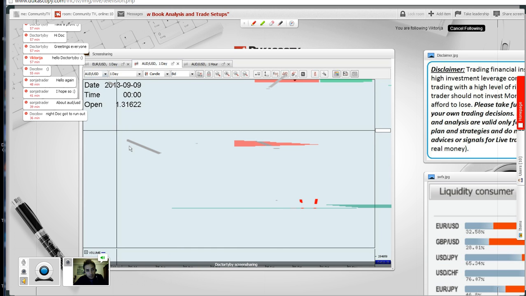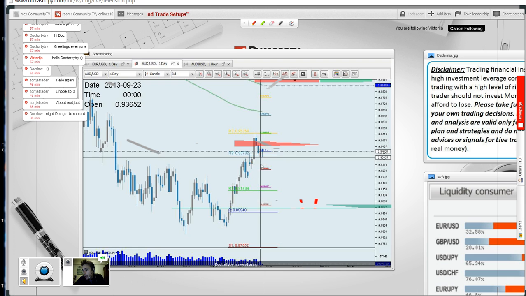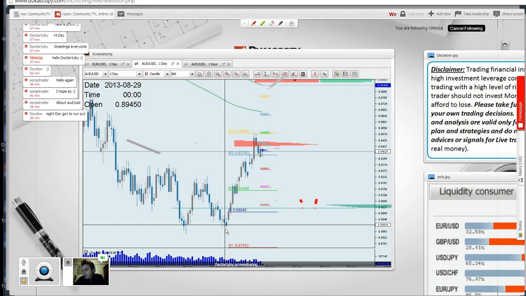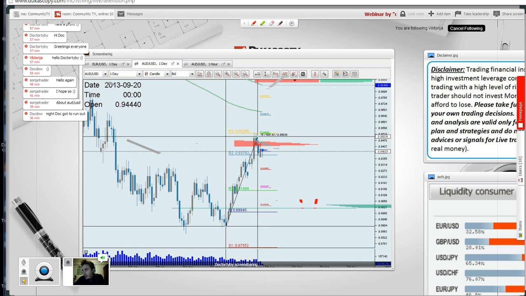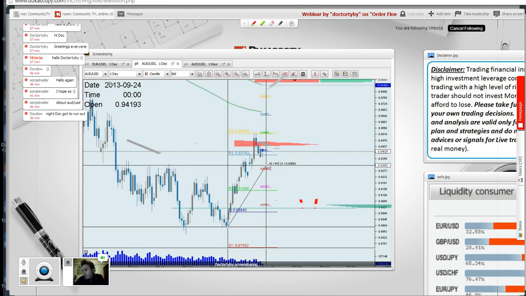Australian dollar, US dollar. On the daily, this one doesn't show any clear signals. This uptrend, I think, even if it has more than 600 pips, is a fake over the mid and long term.